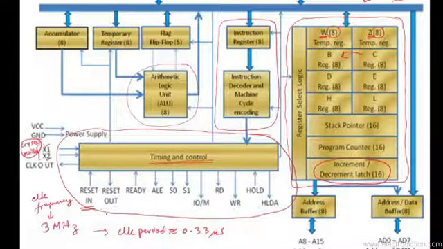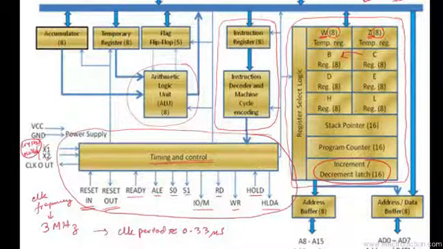It also has a reset out control line, through which we can reset any other externally connected device to the 8085 microprocessor. Then it has a ready control pin, the ALE, the S0, S1, and the input, output, and memory pin, which controls the input, output, and memory operations. The read, write, hold, and hold acknowledge pins, all of which are used to interface with peripheral devices, are present in the timing and control unit.